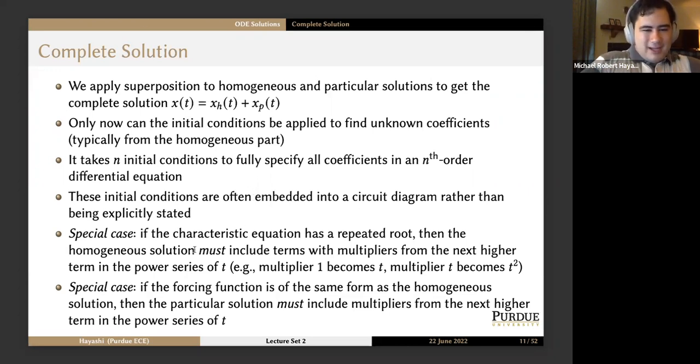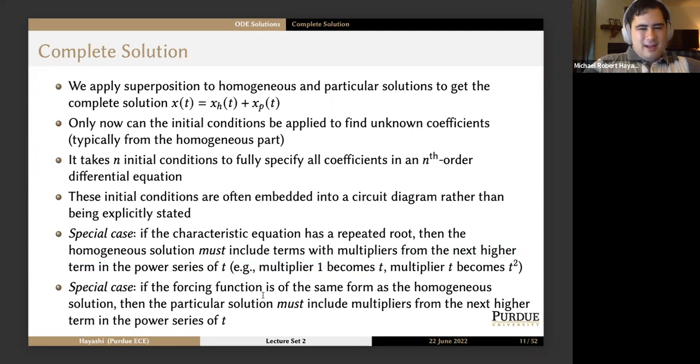As a special case, if the characteristic equation has a repeated root, then the homogeneous solution must include terms with multipliers from the next higher term in the power series of t. So multiplier 1 becomes t, multiplier t becomes t squared.